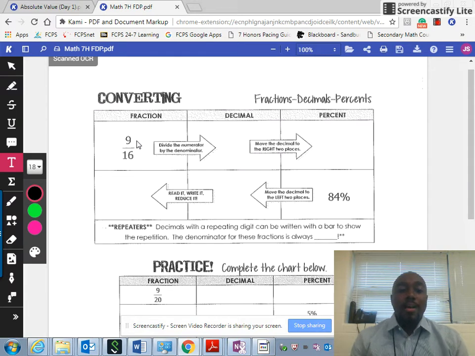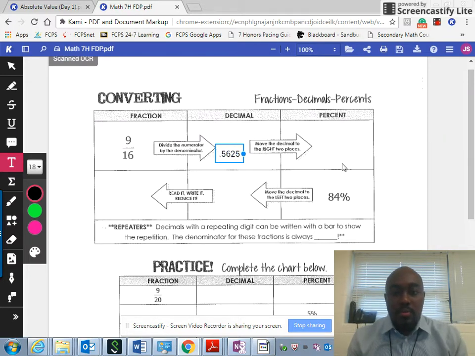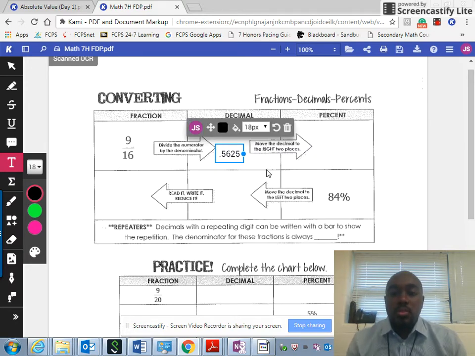So when we divide 9 divided by 16, we end up with the decimal 0.5625. Okay, and so now we have to convert this decimal into a percent.